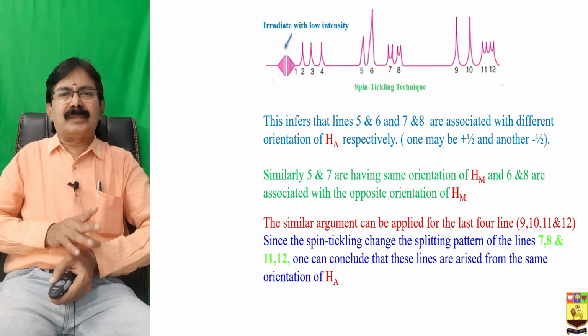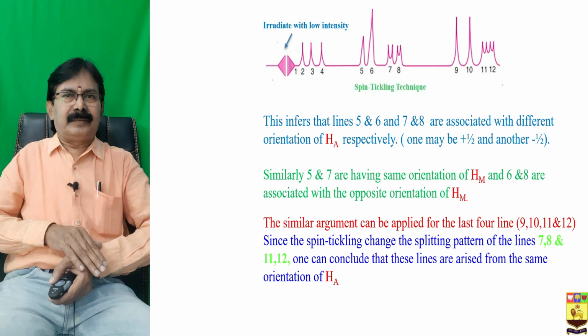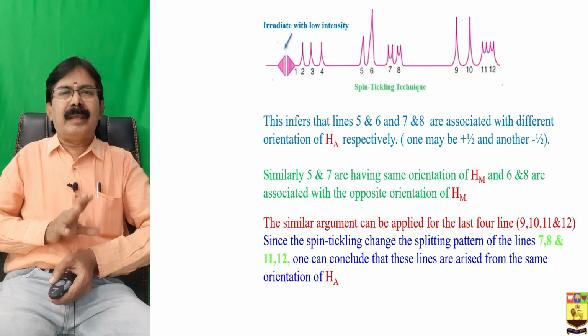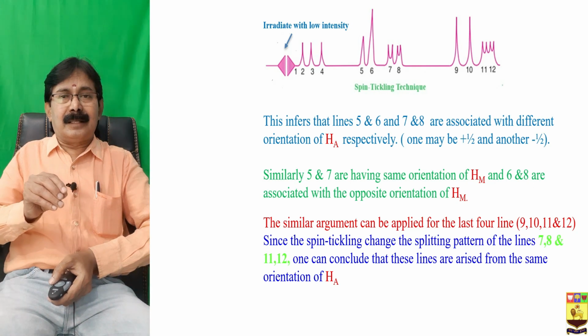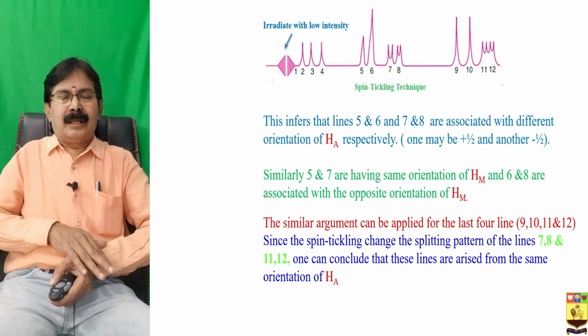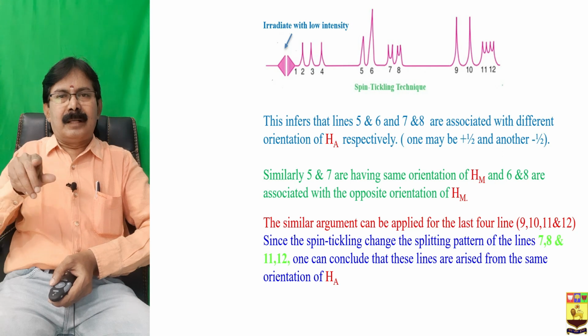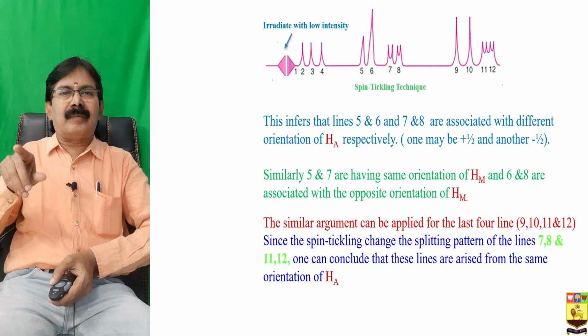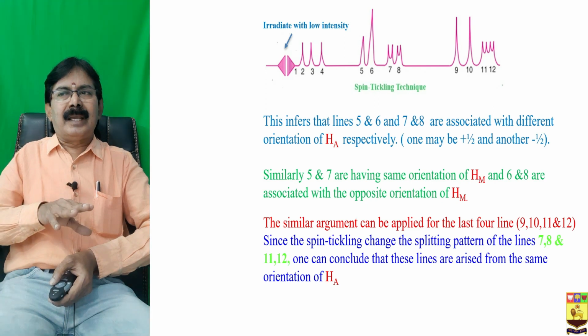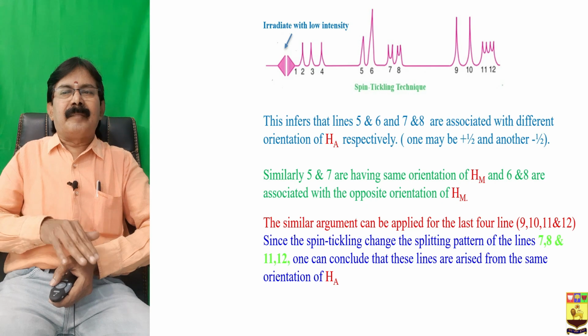One may be plus half and the other may be minus half. Let us view the splitting pattern of 7 and 8; it is different from the splitting pattern of 11 and 12. So we can say lines 5 and 6 and 7 and 8 are associated with a different orientation of HA, one plus half, another minus half.